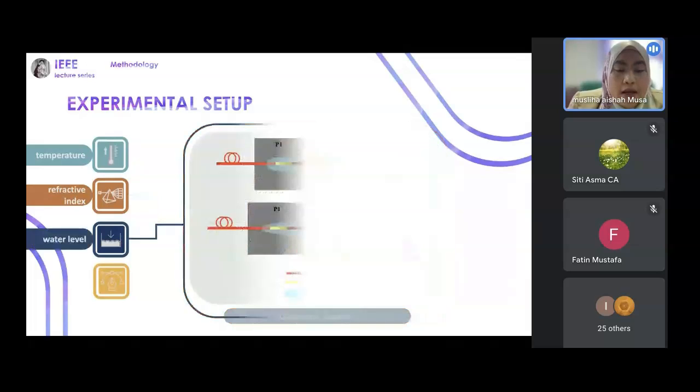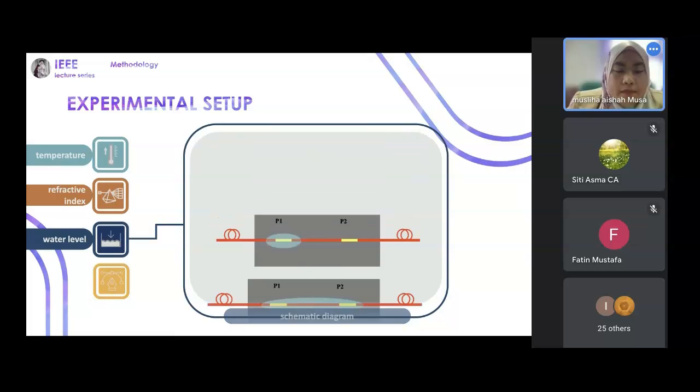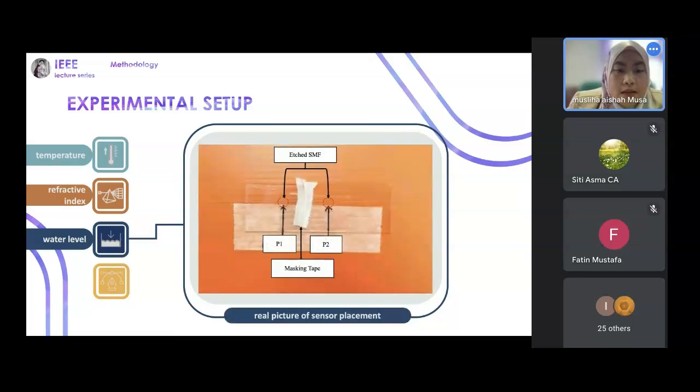Okay, this is how I do the water level, because it's discrete, right? So I just put a drop of liquid at one point at one time. We cannot see clearly, but it's there.